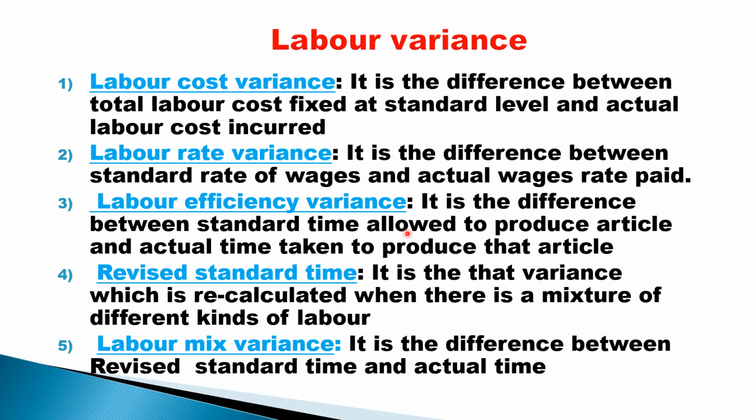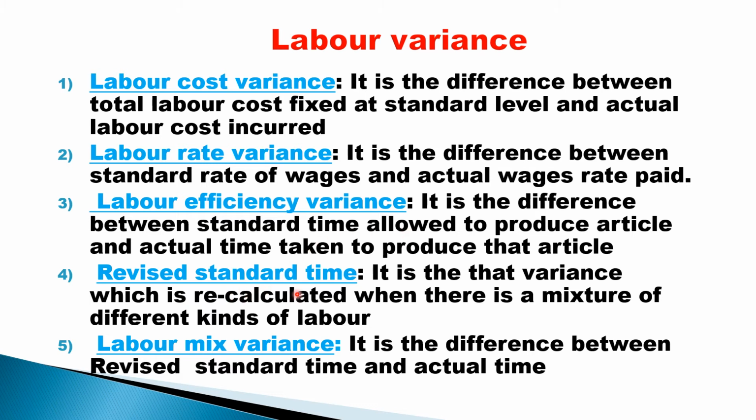If the worker completes it in less or more than that time, then variance is said to occur. For example, furniture should be manufactured in 5 hours. If it is completed in 6 hours, then there is variance.